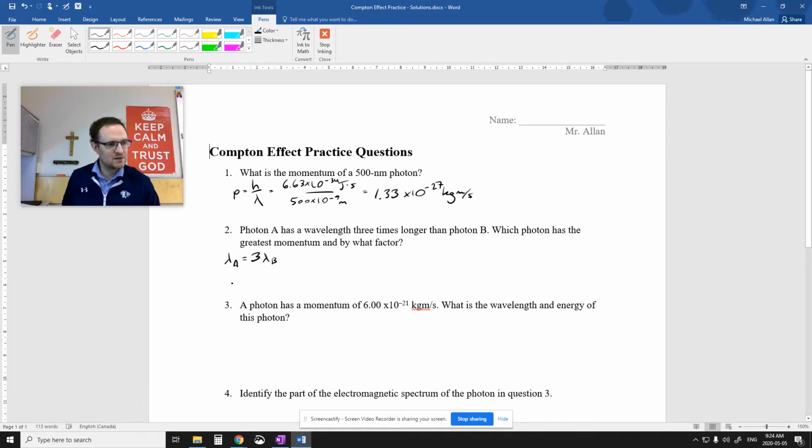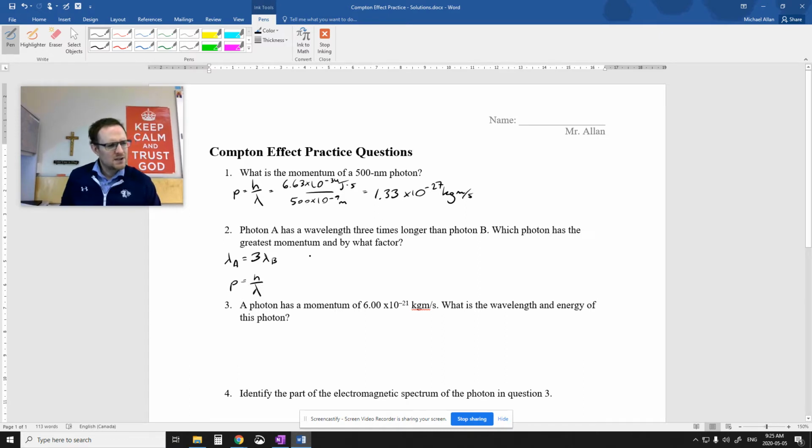So using this formula, I noticed that the shorter the wavelength, the greater the momentum. So photon A has a wavelength 3 times longer, so it's going to have a smaller momentum, because they're inversely proportional to each other.